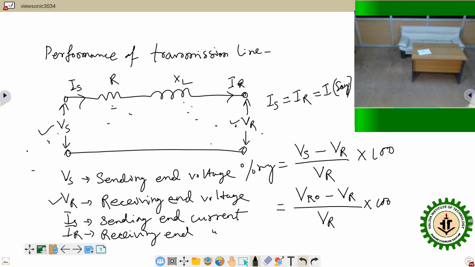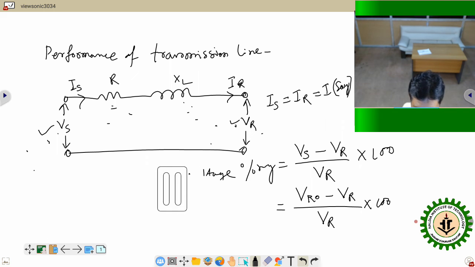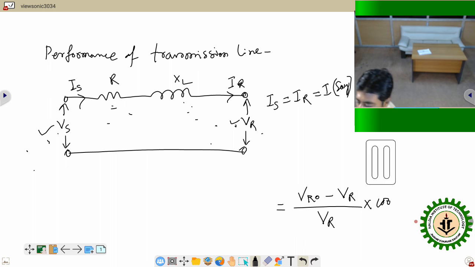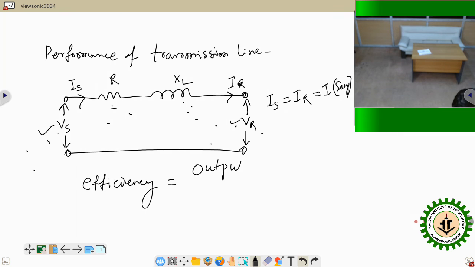Efficiency means output power to the input power.